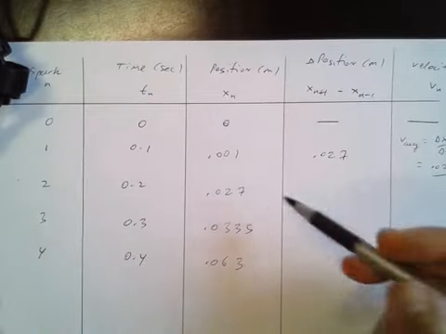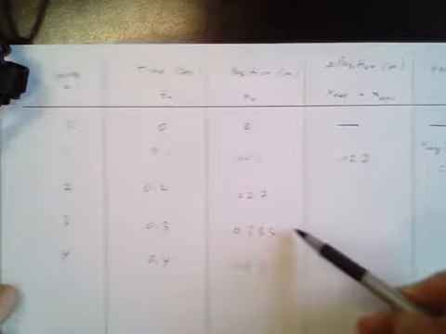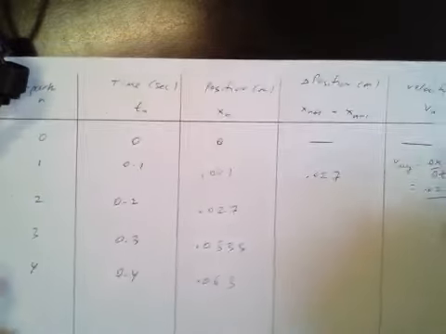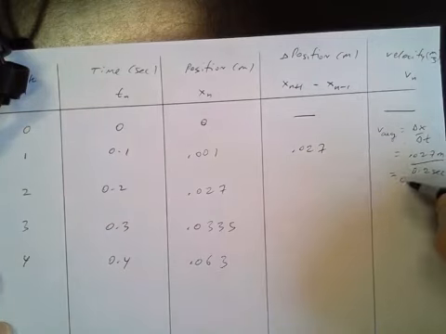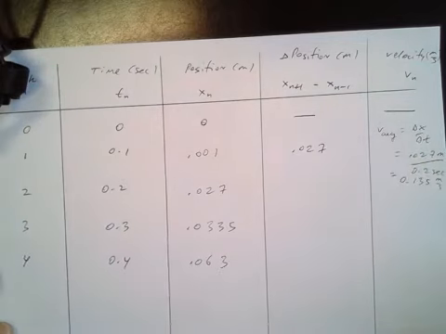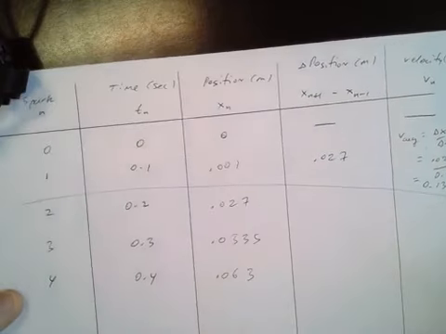I'm going to divide by the change in time between those surrounding sparks. That over here you can see is 0.2 seconds. And so that's going to give me, for that particular spark, 0.135 meters per second.